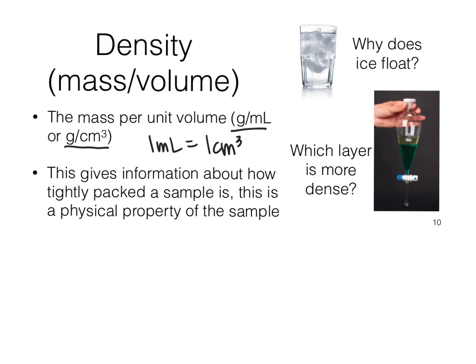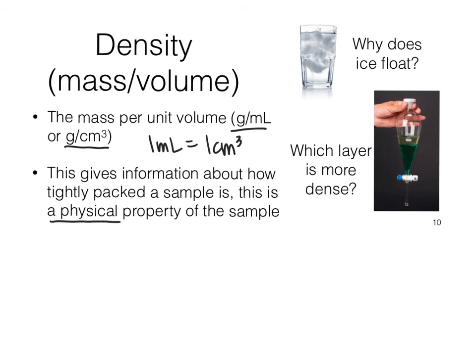So what can we think about in our life that we tend to see in this case? Sometimes if we pick up a box, if you're moving and you have a box of pillows or a box of books, the same size box is going to weigh differently. So the density of those boxes will be different. And so it's going to tell us how tightly packed.